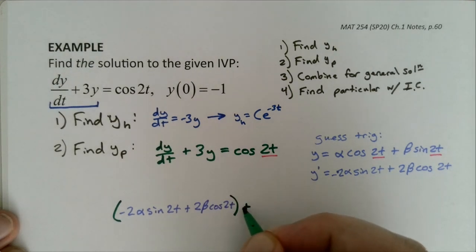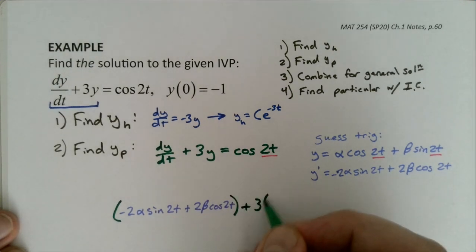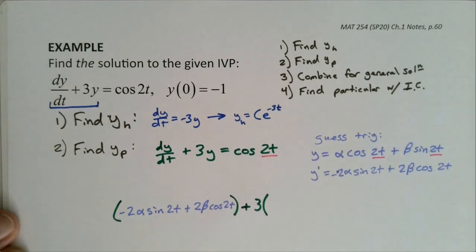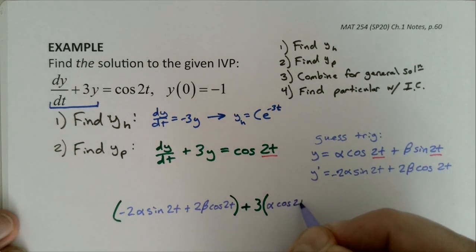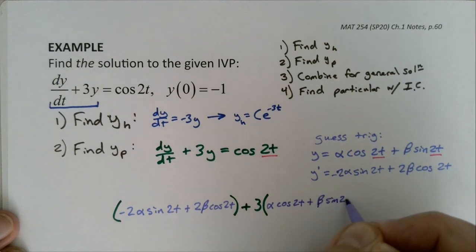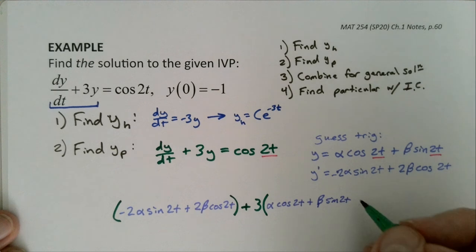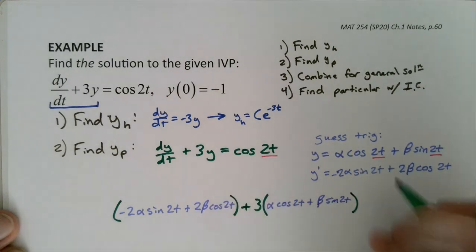That plus 3 times the original guess, which is the top row over here, so alpha times cosine 2t plus beta times sine of 2t. And all of that has to be equal on the other side to just plain old cosine of 2t.